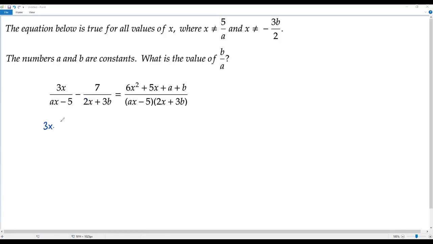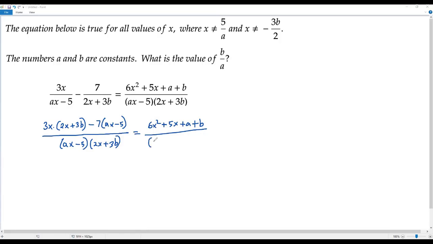That is 3x times (2x + 3b) minus 7 times (ax - 5), and we have to multiply the two denominators, that is (ax - 5) times (2x + 3b). On the right side we have 6x² + 5x + a + b divided by (ax - 5) times (2x + 3b).